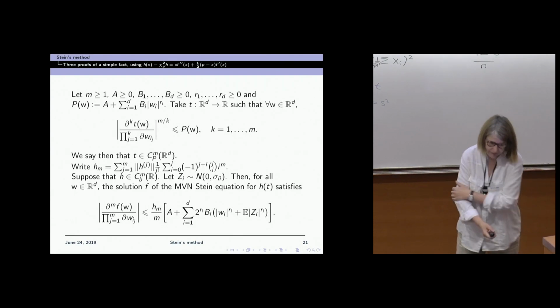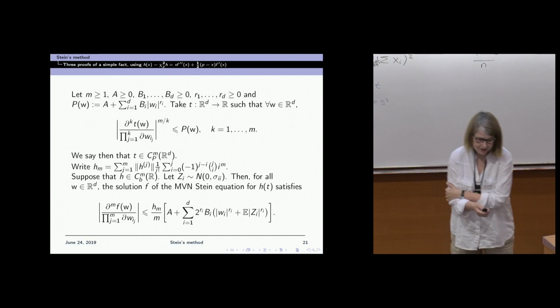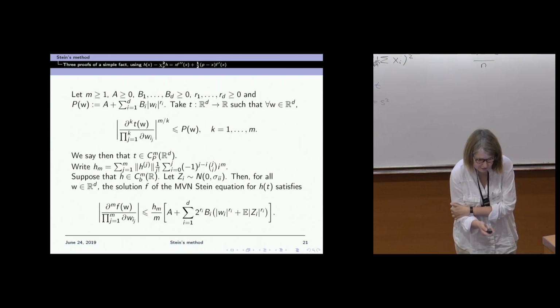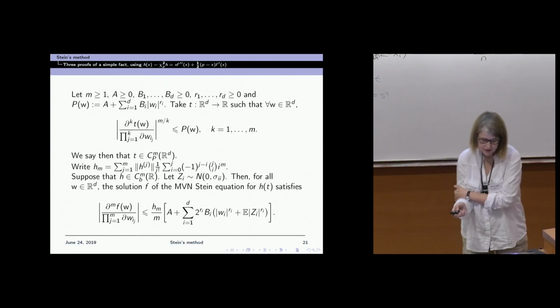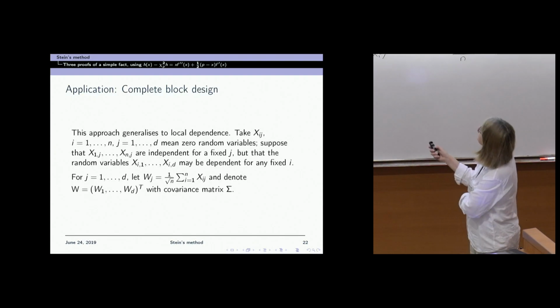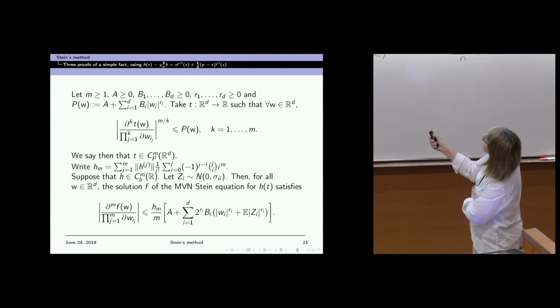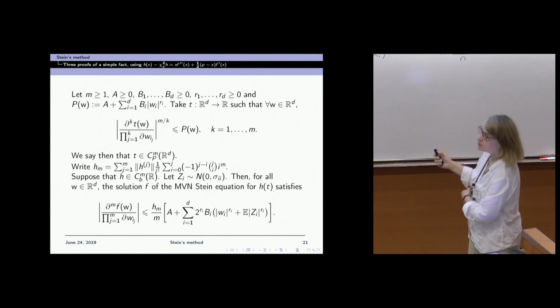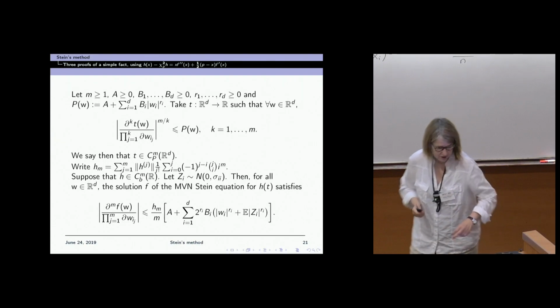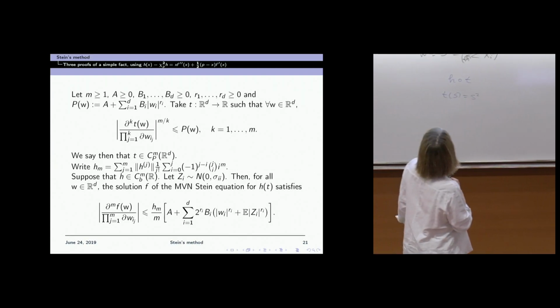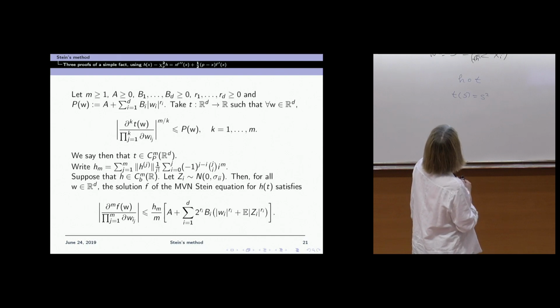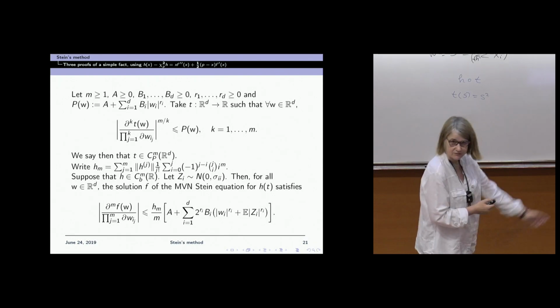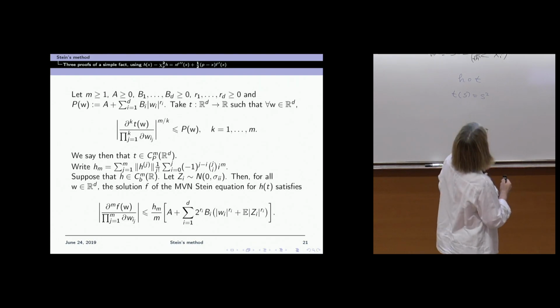And so when we look at the Stein equation, if we have a test function t such that the kth partial derivatives, to the power m over k, are bounded by a polynomial p of w of this form, then we can bound the solution of the Stein equation also, and it's a non-uniform bound using the coefficients from the polynomial p which we've used here.